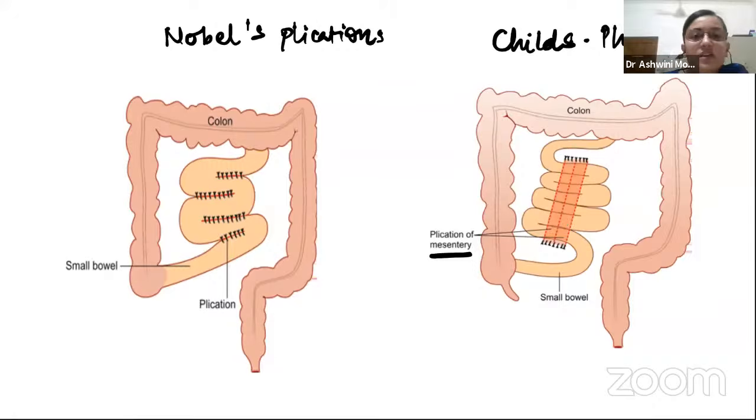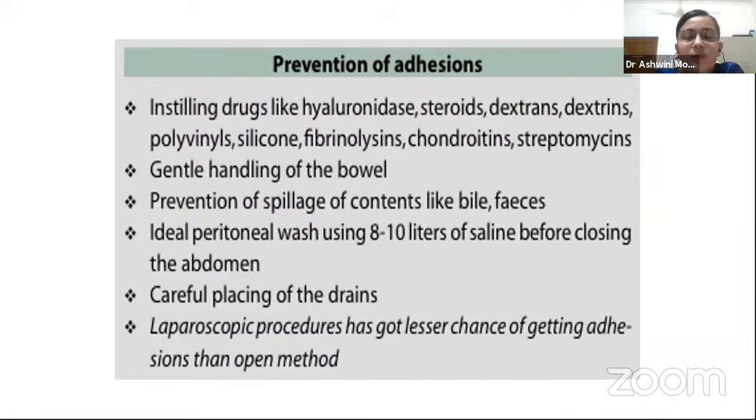What are the other preventive measures to prevent adhesions? Instilling drugs like hyaluronidase, steroids, dextran, dextrins, polyvinyl silicon, fibrinolysins, chondroitins, and streptomycins can prevent adhesions. Gentle handling of the bowel, prevention of spillage of contents like bile and feces, an ideal peritoneal wash using 8 to 10 liters of saline before closing the abdomen, and careful placing of drains.